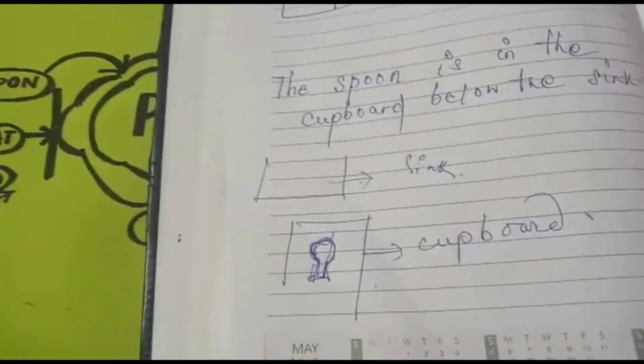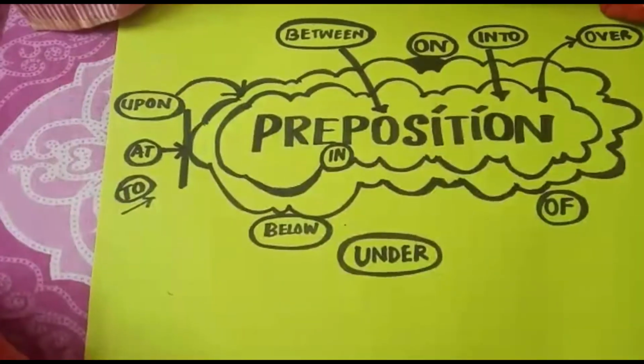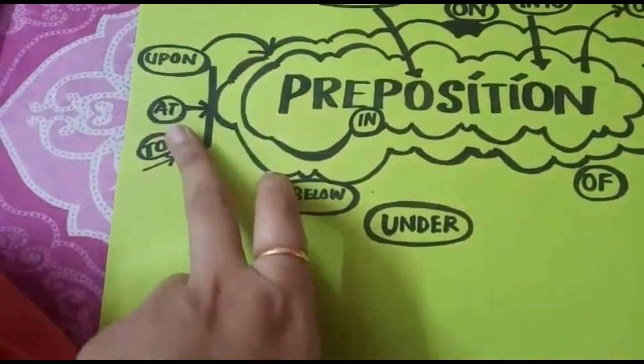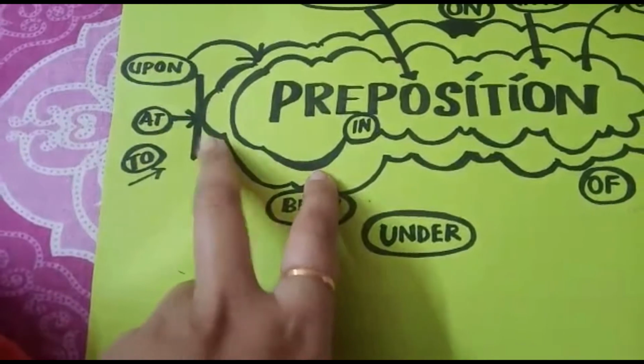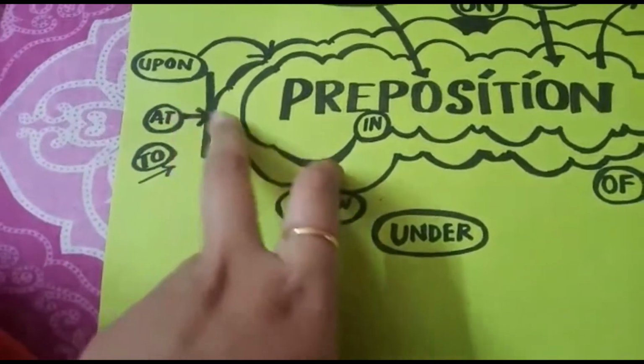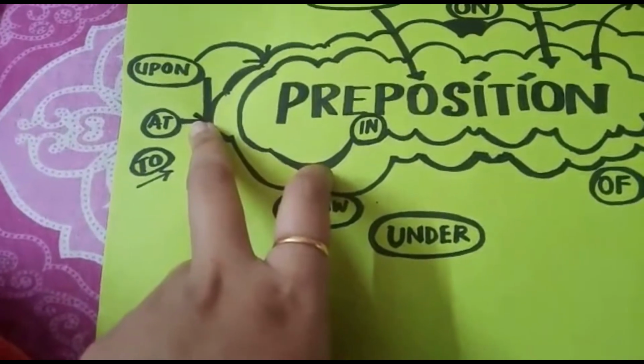Now the next preposition which I will explain is at. So when do we use at? When one object is in vertical position and the other object touches it horizontally, that time we use at.